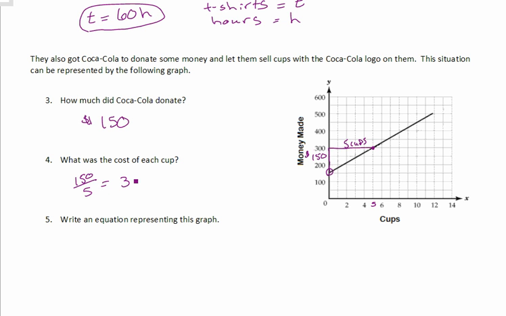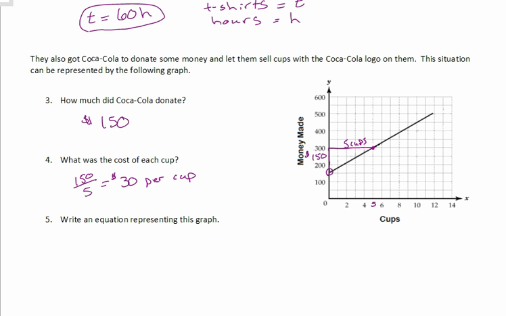There's some pretty spendy cups, but $30 per cup. How did we find that? Technically, we looked at the slope of this equation. We went up 150 and over 5. And again, I just picked 2 pretty good points that went through an integer, so I understood that that was a full cup that I was comparing right there.